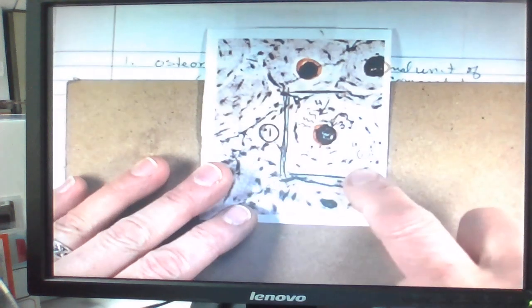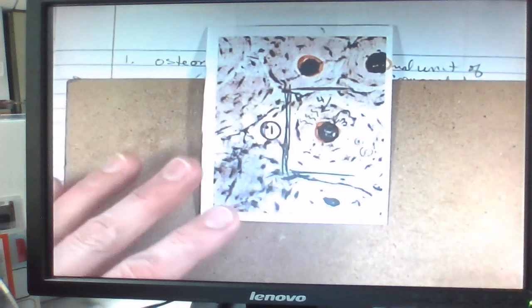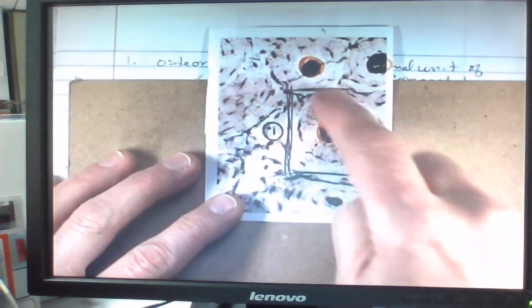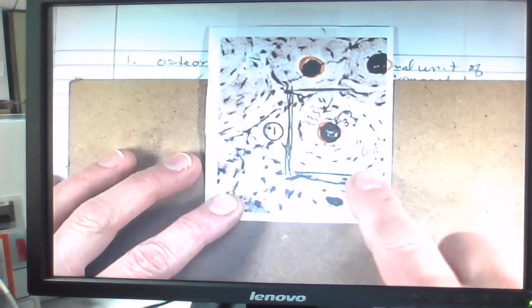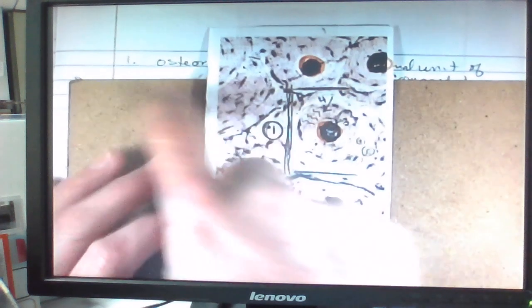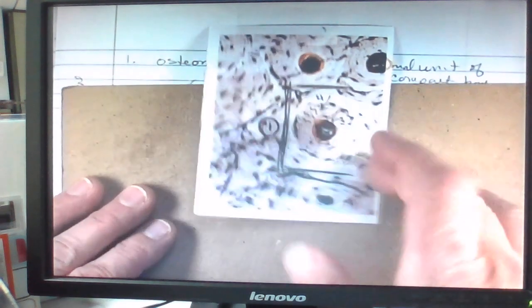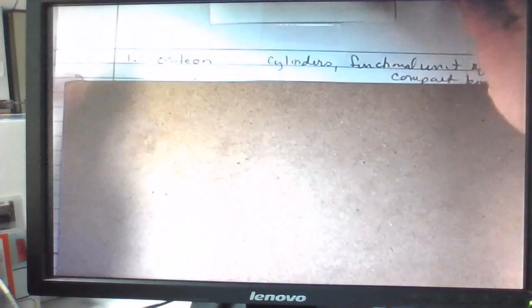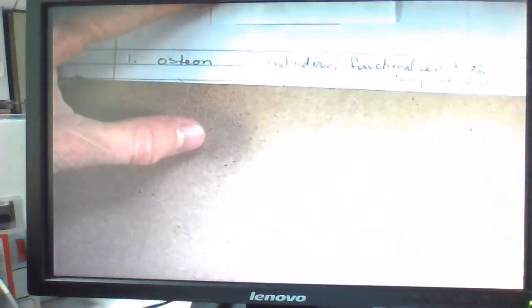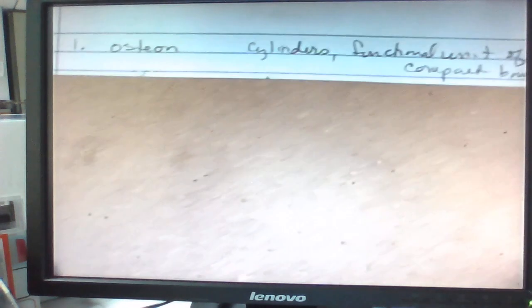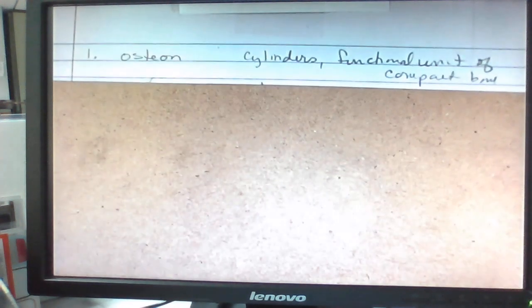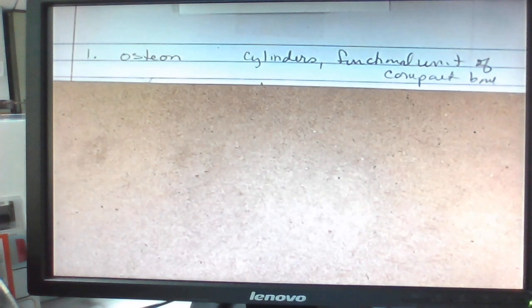Notice I've got this whole circular structure bracketed. I labeled that number 1 so I can come back and see number 1 and kind of quiz myself. And so that's the osteon. The osteon, on that diagram it looked kind of cylindrical. It is the functional unit of compact bone. So compact bone is made up of osteons.